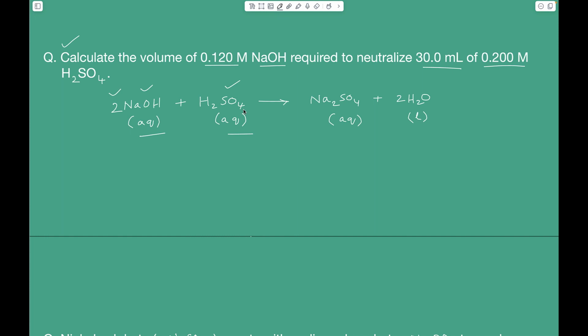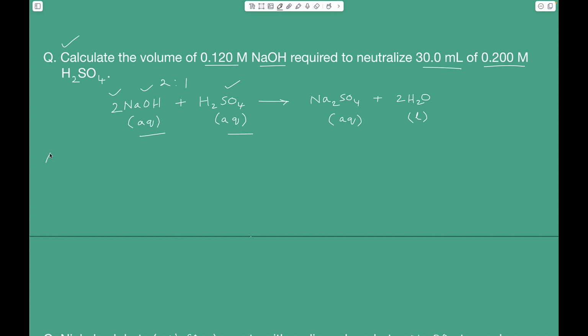Because the reactants are the same, they combine in the ratio of their stoichiometric coefficients. That is, 2 moles of sodium hydroxide reacts with 1 mole of sulfuric acid, whether the reaction takes place between the pure reactants or between their aqueous solutions.